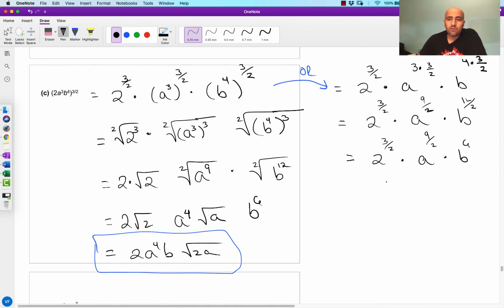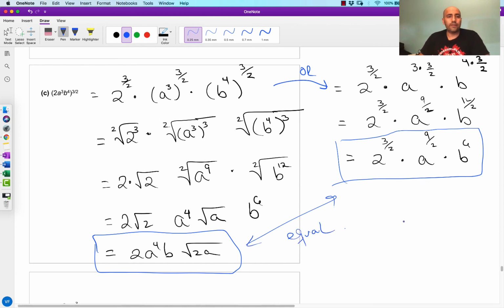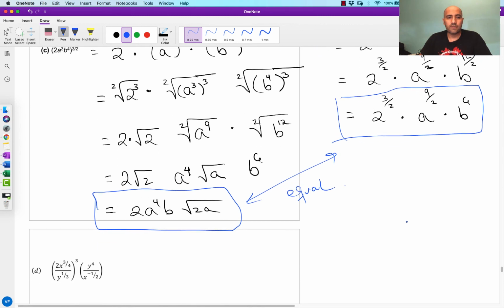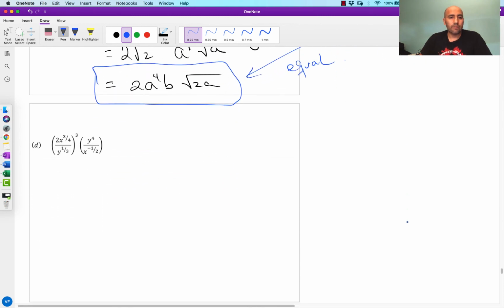So this is equivalent to that. I'm not really sure which one the author wants, but I have a feeling it's that one, so say equal. Hopefully it makes sense why both are the same. Okay, moving on.